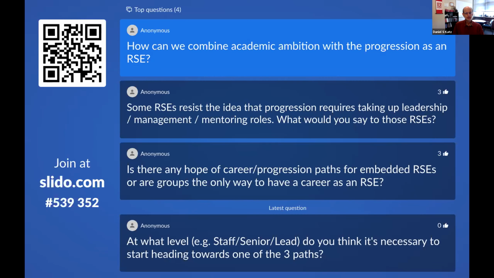So in the US, the option that somebody has typically is being in a tenure track position or not being in a tenure track position. And so if you're in a tenure track position, you probably are not an RSE, but you can be bringing in RSE skills, and your progression then is within that tenure track path. If you're in an RSE position, your progression is typically within the RSE career path.